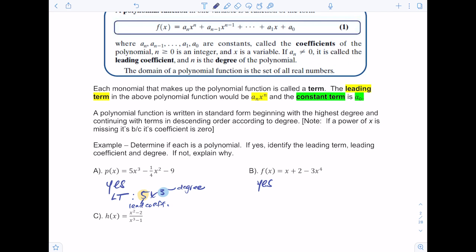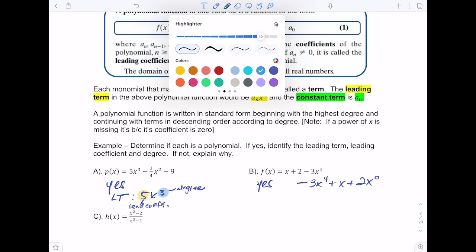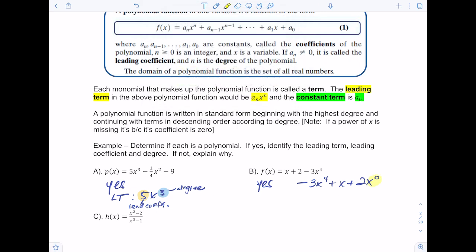And if I was to rewrite this in standard form, I would want the lead term to go first, which would have the highest power. And then I'm going to decrease powers. So the next highest power would be x to the first. And then like I said, this 2 really has an x to the 0. Any power to the 0 is 1, so we don't actually write it. So that's important to remember, that anything to the 0 power is 1. That's why when we express this, we leave out the x to the 0.